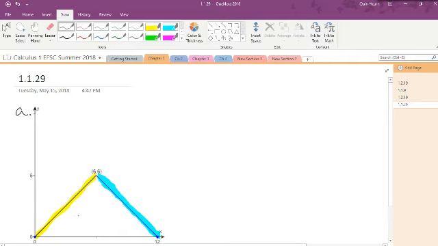In this case, the rules are going to depend on if we're on the interval from 0 to 6 on the left, or if we're on the interval from 6 to 12 on the right. So what's going to happen is we're going to end up with some function, and it's going to be equal to one of two rules.